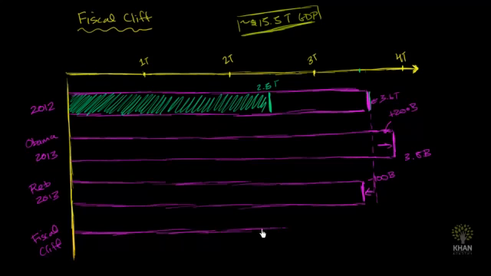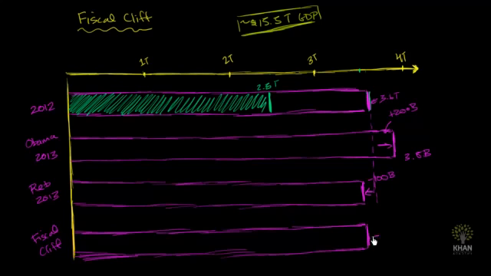I'm sure there are Republicans who would agree and disagree with this, but I'm trying to get my best sense of kind of an aggregate view on things. So in the fiscal cliff, we are also cutting spending by $100 billion.